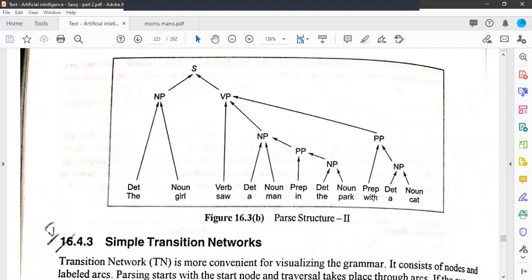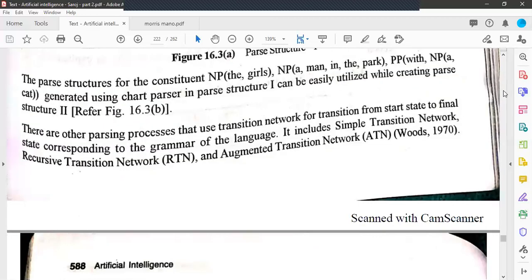Here it is like with a cat, it can be applied to the girl also. So this is another way of putting preposition based on the rules.